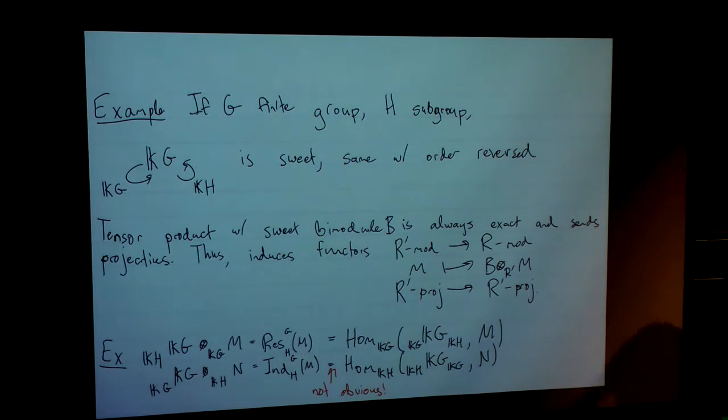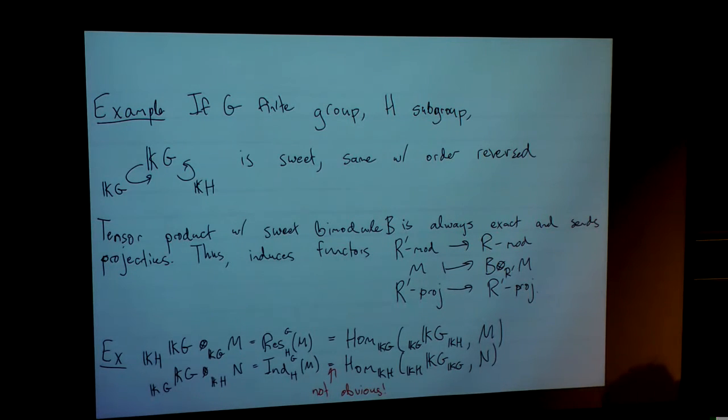And as a module over the group algebra of the smaller group, K of G is actually free. It's index of H in G many copies of K of H itself. So this is an example of a sweet bimodule. It's not projective as a K of G tensor K of H module, but it's projective as a K of G module and as a K of H module.